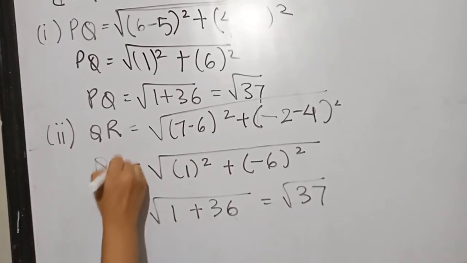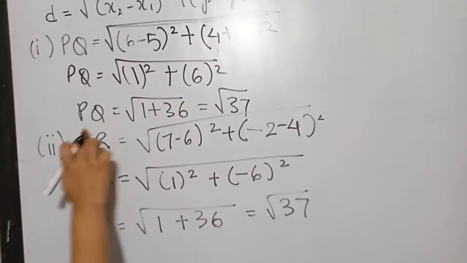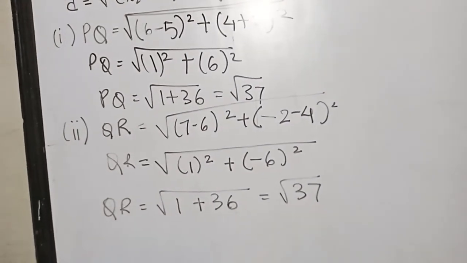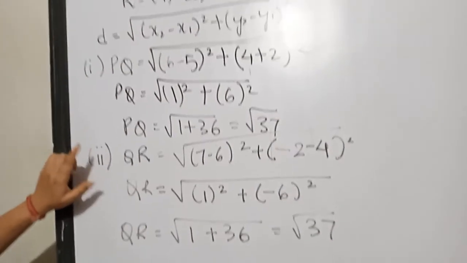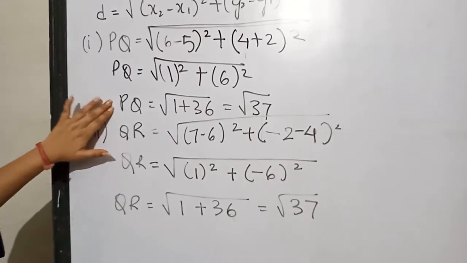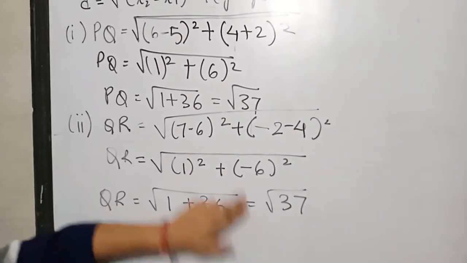So over here, children, you can see PQ is also root 37 and QR is also root 37. Now one criteria is solved, that the two sides should be of same length, that is PQ and QR are of same length.